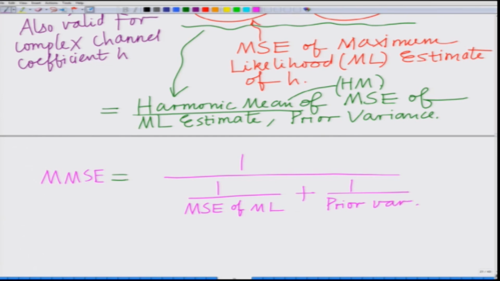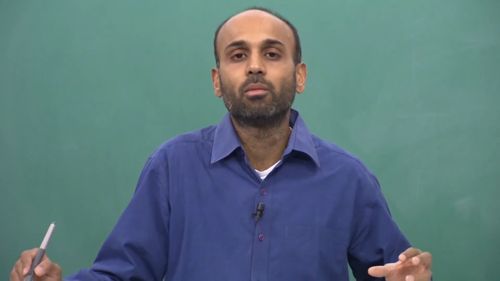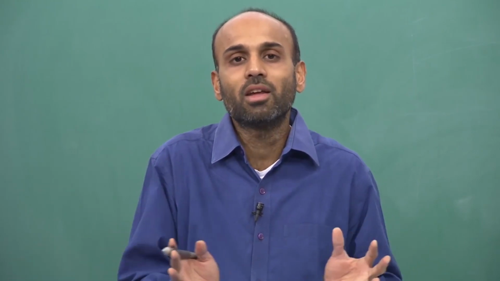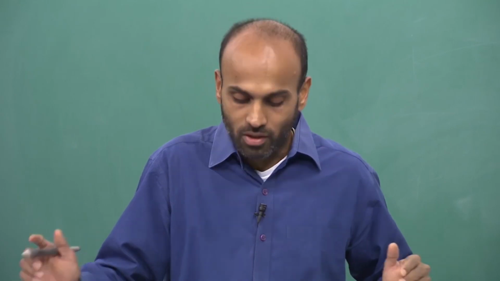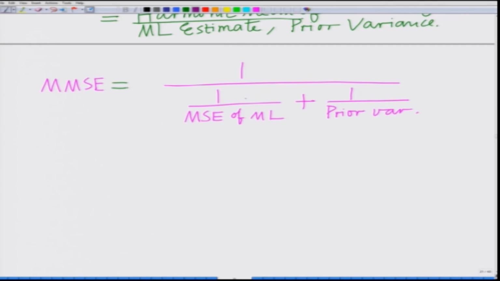If the MSE of the ML estimate is very close to 0, is very small, then the dominating term in the denominator, you can observe, 1 over MSE of ML, will be very large, because the MSE of the ML estimate is very small. So, the denominator will be dominated by 1 over MSE of ML. Therefore, the MMSE will simply be the MSE of ML.